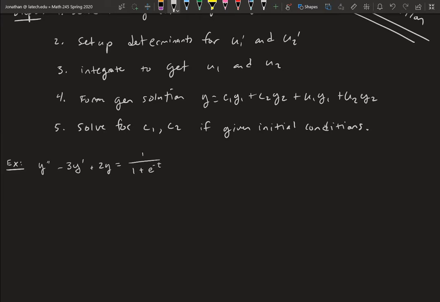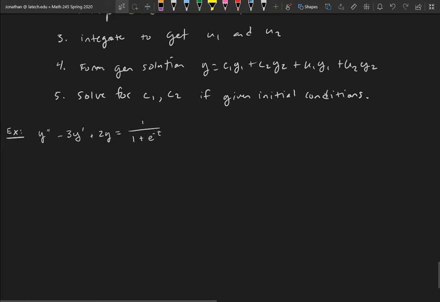So, we've got to solve for yh first. Solution: first thing, solve for yh of t. That is going to be m squared minus 3m plus 2 equals 0. Let's see if we can factor that one.